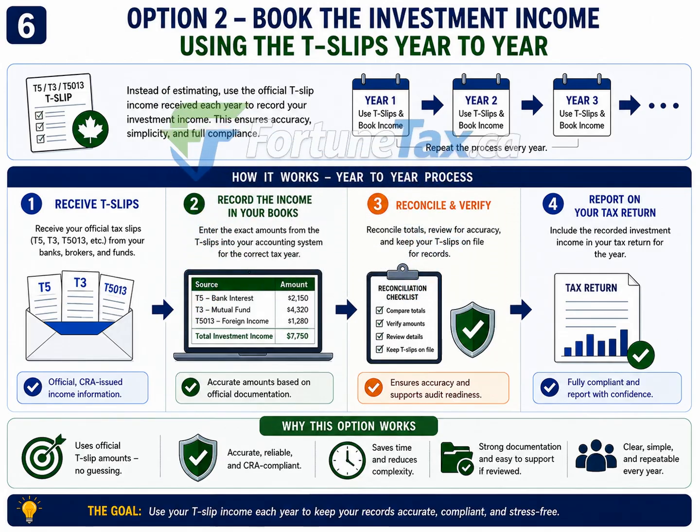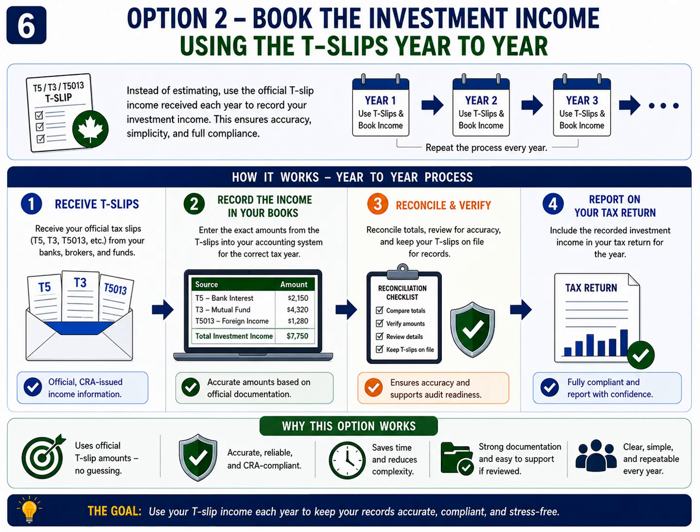One of the major attractions of option 2 is administrative simplicity. There are fewer working papers, fewer estimation schedules, and fewer year-to-year adjustments. The accountant is largely relying on the same information that CRA receives from the investment institutions.